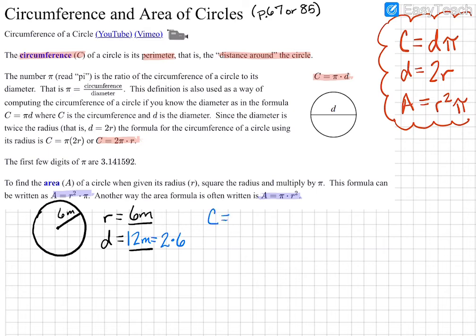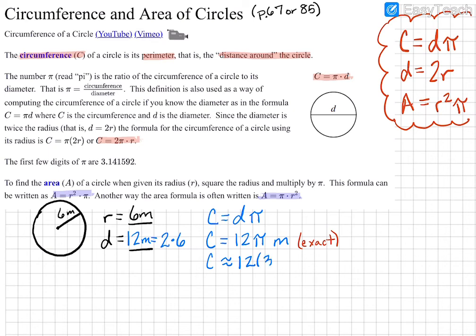To find circumference, we multiply diameter times pi. So 12 pi meters would be our circumference. That is what we call our exact circumference. Because remember, pi is an approximation. When we multiply by 3.14, we're now finding the approximate circumference.